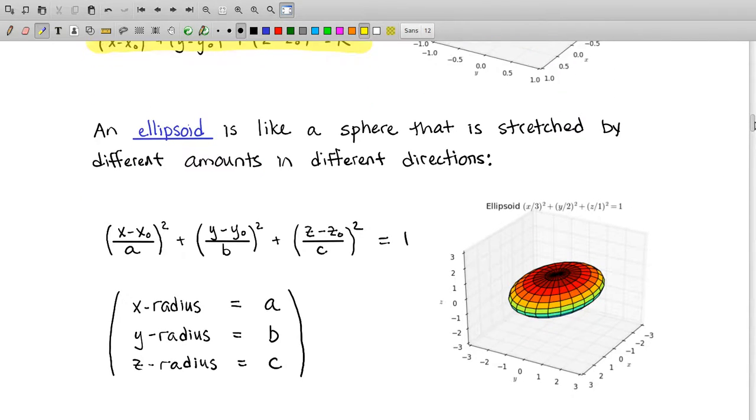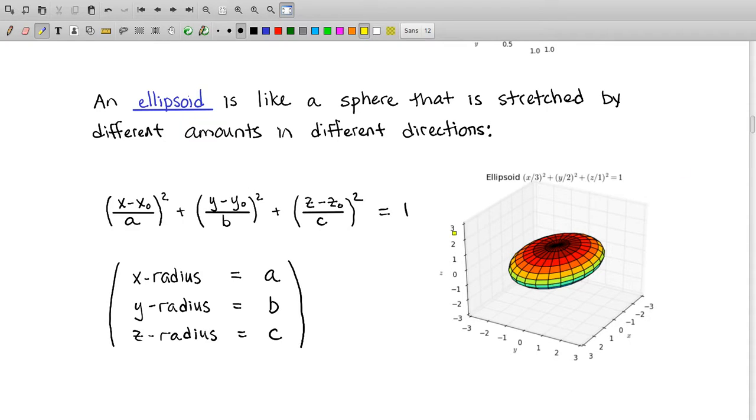You can modify that a little bit and get something called an ellipsoid. It looks very similar, except now you have numbers in the denominator underneath the x, y, and z. Basically, these are the extent in x, the extent in y, the extent in z. You can call it the radius if you want, though I'm not sure if that's standard usage. Here's an example: x over 3 squared, y over 2 squared, z over 1 squared.